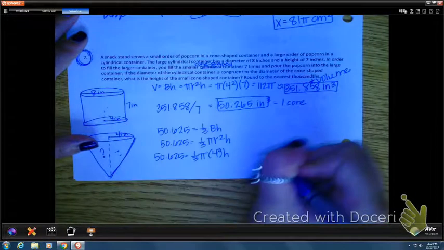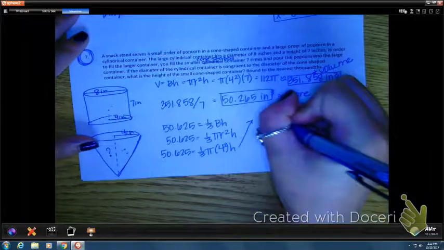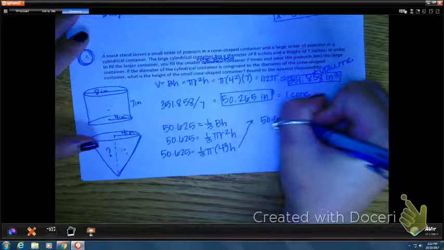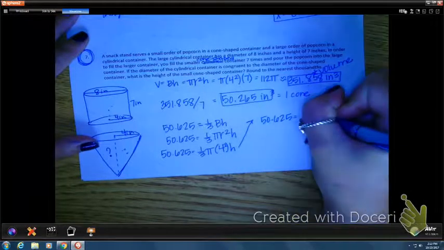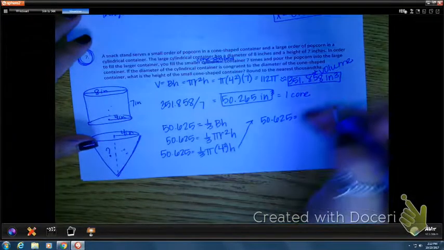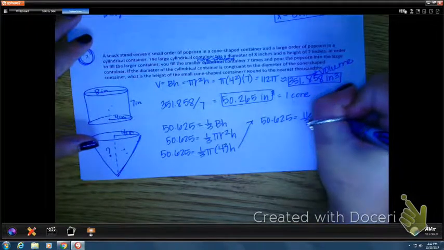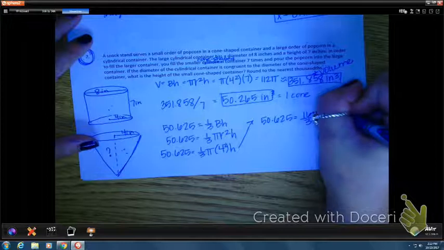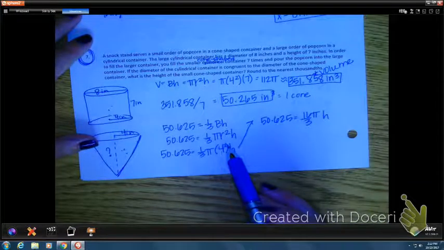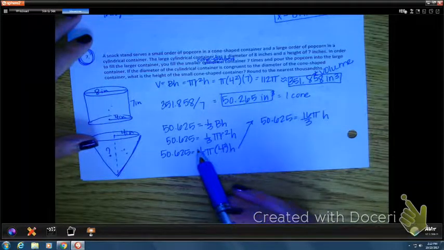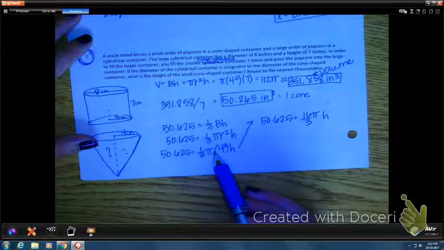So 50.265 equals 16/3 pi h, because 4 squared is 16.